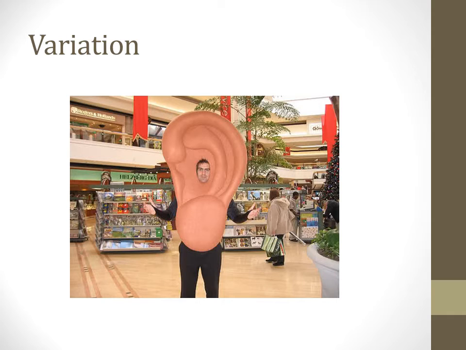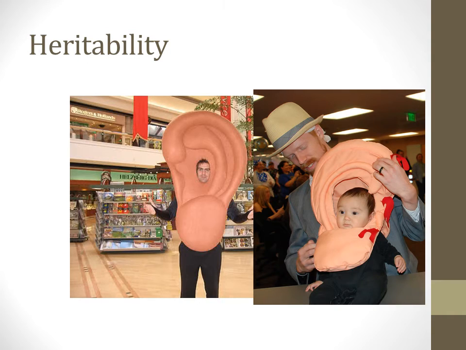And this is different from the average population, because most people do not have this trait. So this is the variation of him having a huge ear for a face as opposed to other people not. Alright.